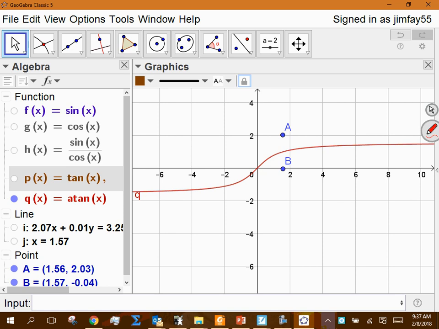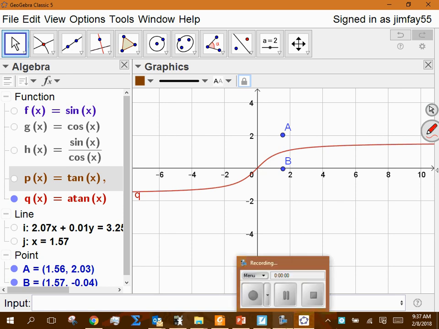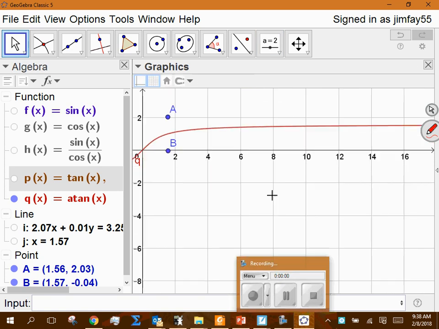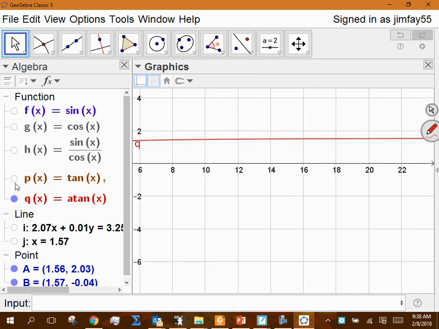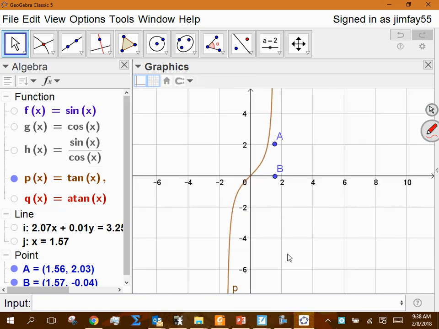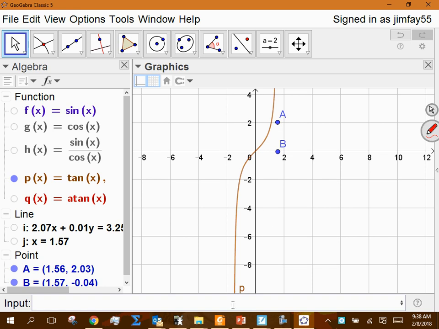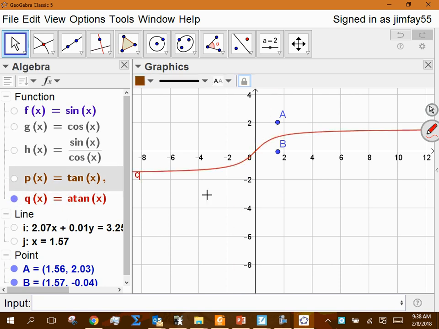Now here, look at the domain. What are all the x values you can plug in for your inverse tangent? What are the x values that are being shown up there? All of them, right? All real numbers. Okay, and that's because this thing had y values that were all real numbers, right? The end behavior says we go to negative infinity, positive infinity. So when I flip those in the inverse and they become the input values of the inverse, it means the input values can be anything they want to be.